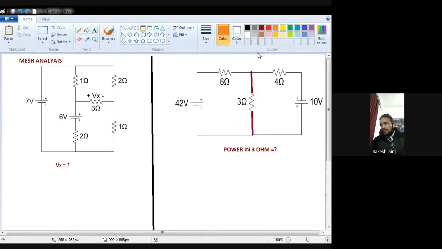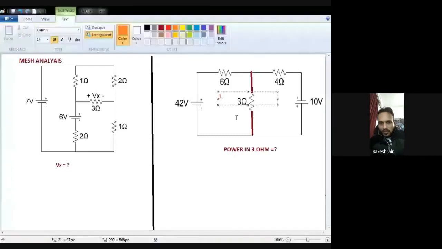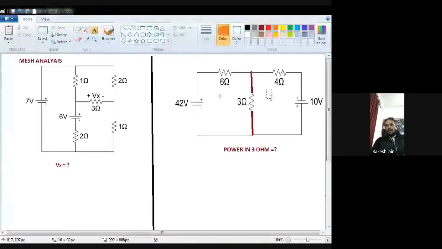The second 3 ohm, this 4 ohm resistance and this 10 volt battery also form a closed path. So actually in this circuit there are two closed paths. In step one, just mention how many closed paths there are. I denote them as 1 and 2.